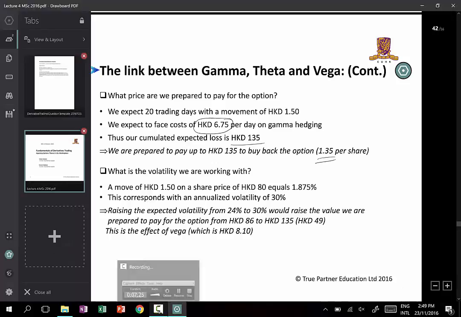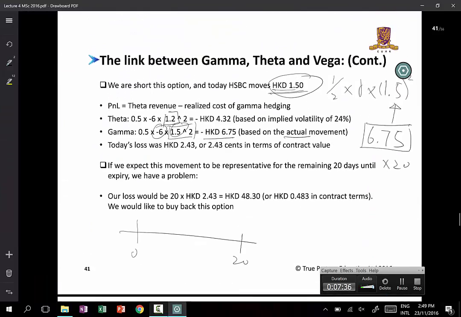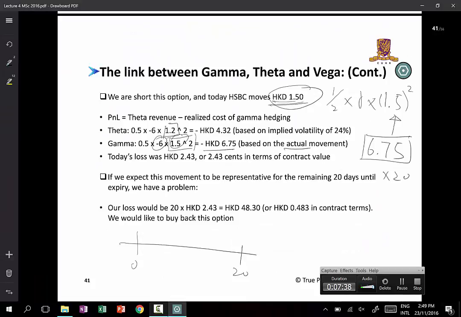The thing to think about here is, if you want to buy an option, the intuition is that you look at what that option can bring you after you delta hedge it, and on a daily basis you can get 675.